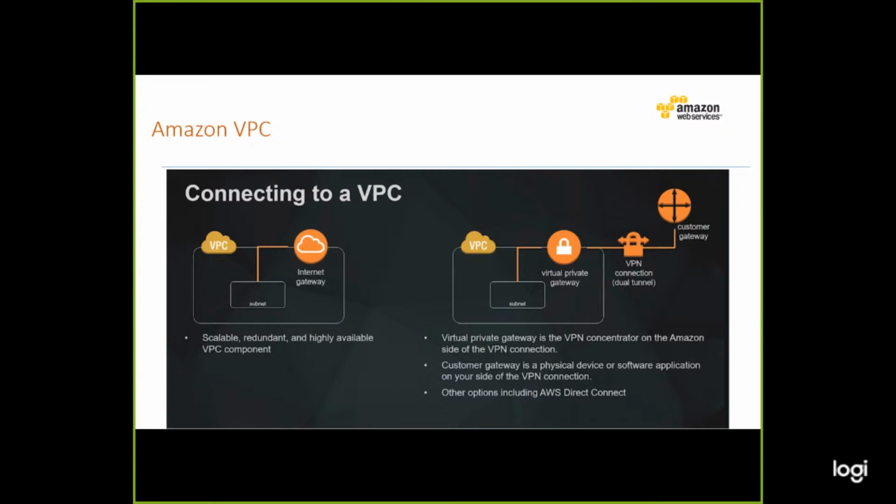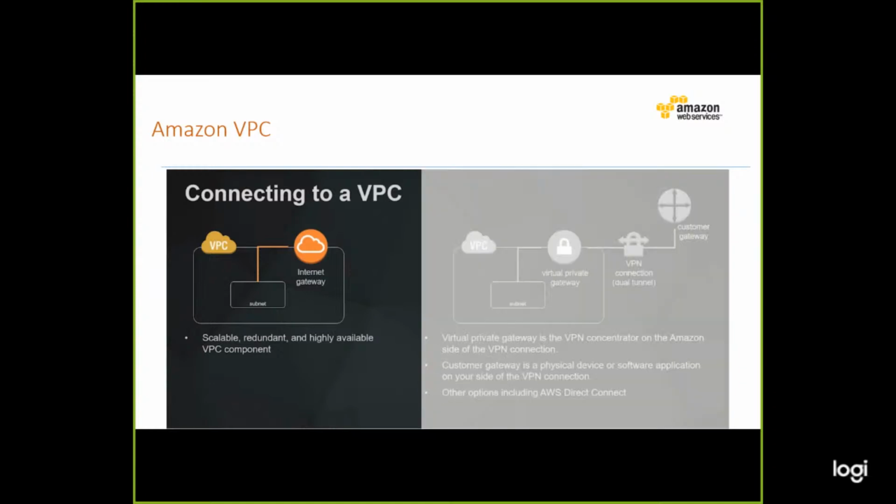We can use the internet gateway to connect to your subnet, and we can use a VPN, which has two-way connectivity. On the right side, we can have the customer gateway on our premises, and a virtual private gateway. I said our premises, I mean on the cloud.